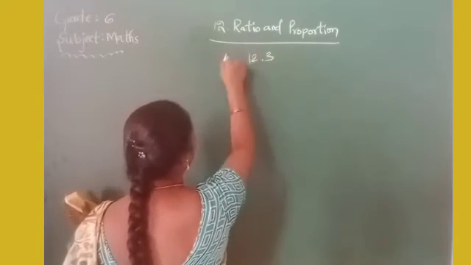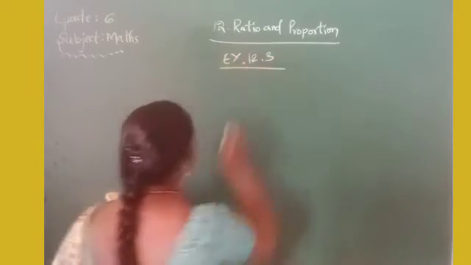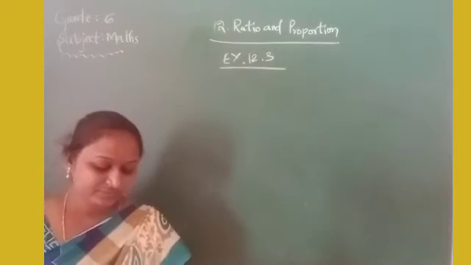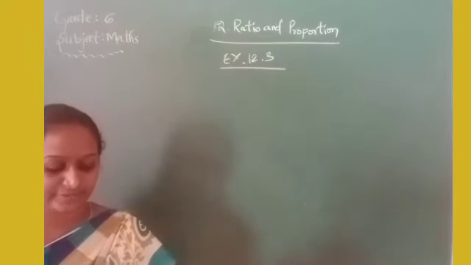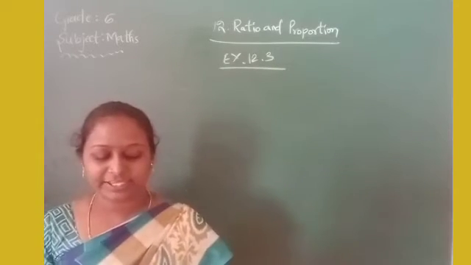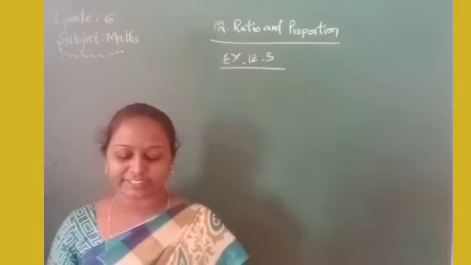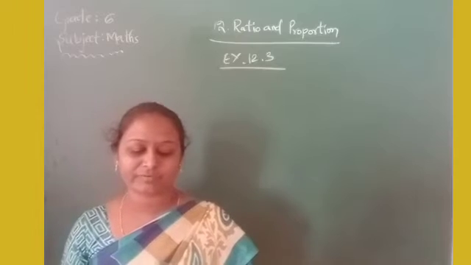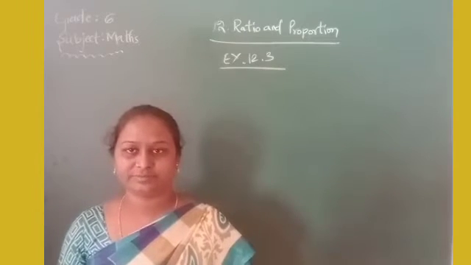Keep heading Exercise 12.3. Now take your textbooks and write the first question. Now I am reading, listen carefully. First one is, if the cost of 7 meters of cloth is 294 rupees, find the cost of 5 meters of cloth.